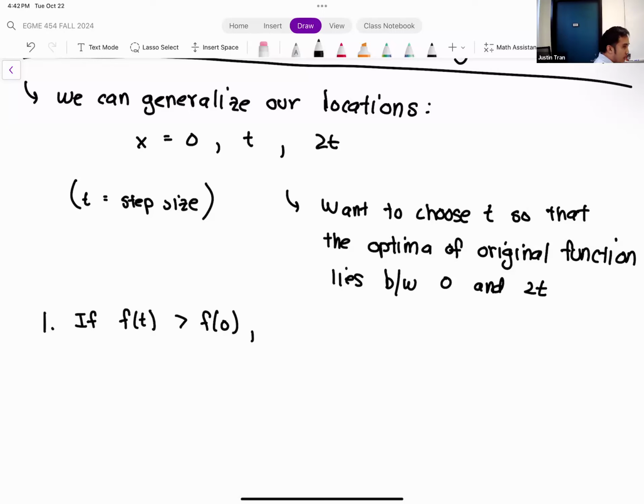Then the assumption we make here is that your original function achieved a minimum and then it's coming back up.